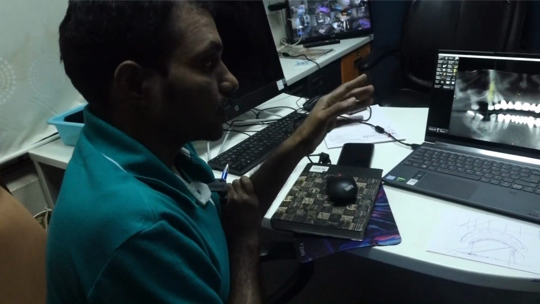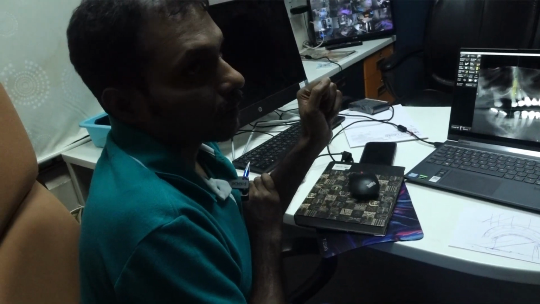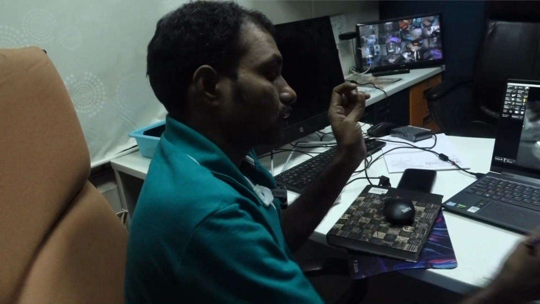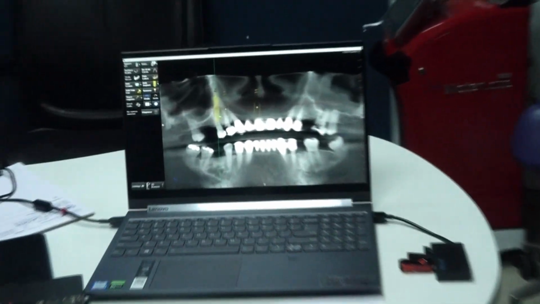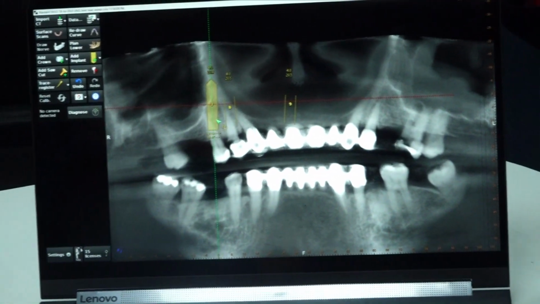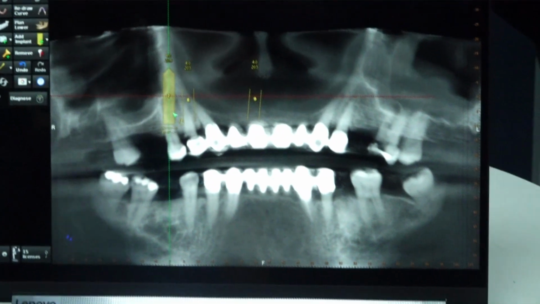So you have to decide first in a case whether you want to place a straight implant or a tilted implant. Why do you place a tilted implant? If you place a straight implant here, you may enter the sinus, and the length is not very good. That is why you are tilting. The bone is also good quality, so you can easily bend.